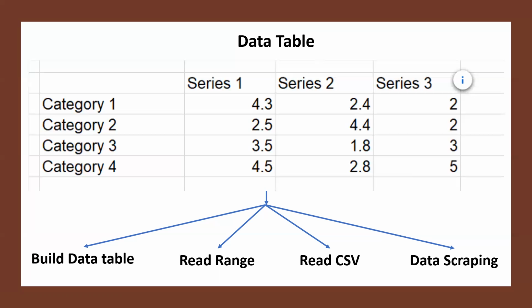Next, Read CSV. This Read CSV activity is one of the obsolete activities which we don't prefer to use, but still many clients and many applications generate output as CSV.